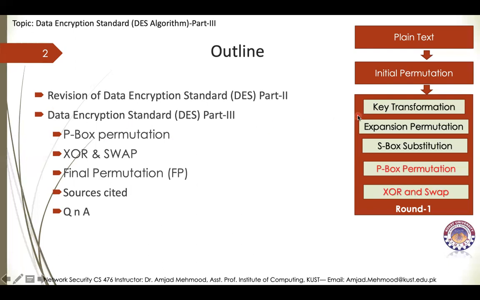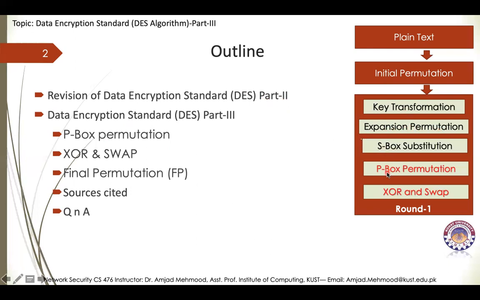And then the output of this will be passed to expansion permutation, as we covered this in our part number 2. So as we are revising it today, I'll be explaining that more. And then S blocks, this we also covered in part number 2.